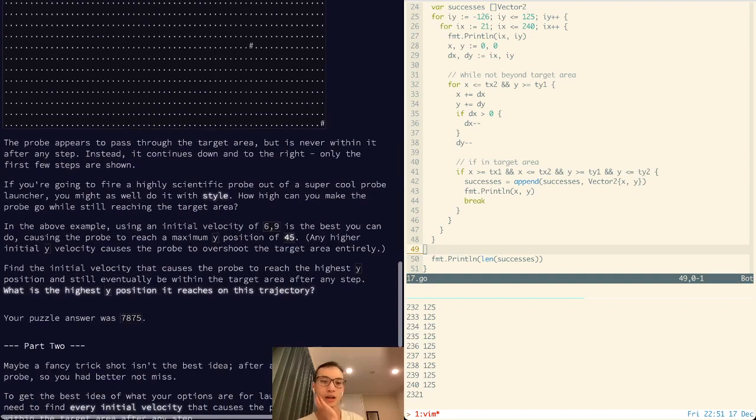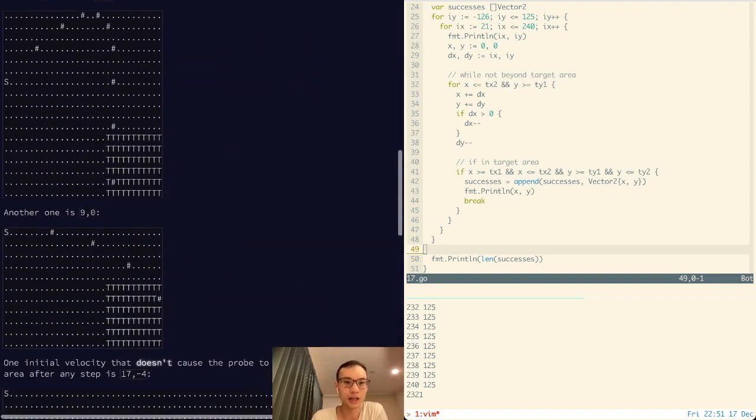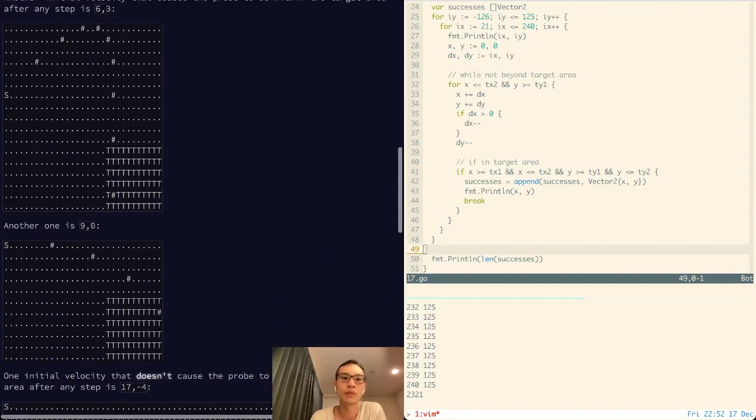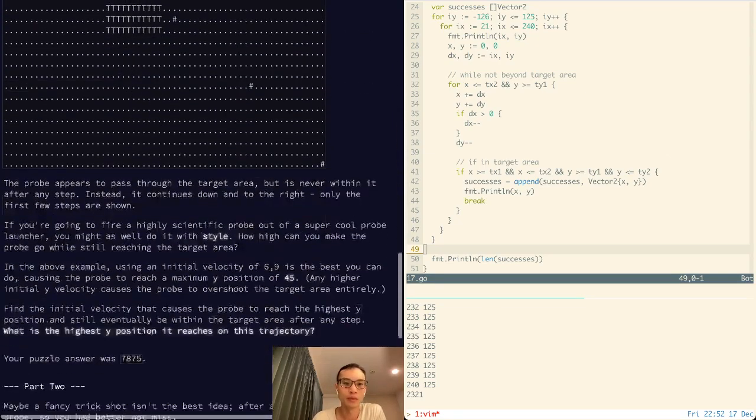The second part I brute forced, but I feel like there probably is some way you could systematically work out which x values and which y values worked. So for example, any x in the example, right? Any x value that started with 20, 21, 22, 23, 24, 25, 26, all of those would work as long as you had a y that would put you into it as well.